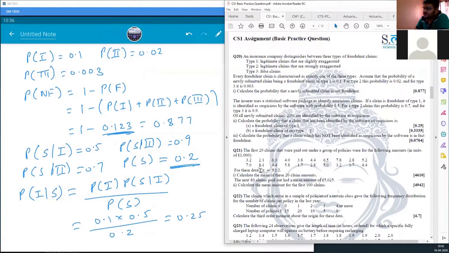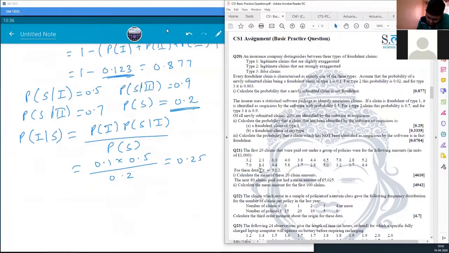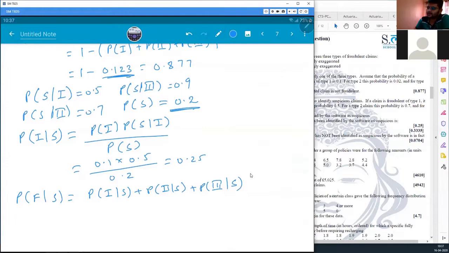And for a fraudulent claim of any type, meaning it could be type 1, type 2 or type 3, I'll say probability of a fraudulent claim given it was suspicious, that is probability of type 1 given suspicious plus probability of type 2 given suspicious plus probability of type 3 given suspicious. We have to find this. So type 1 given suspicious we have already found. The denominator for all three is the same, 0.2.